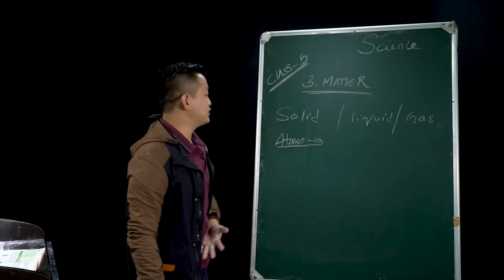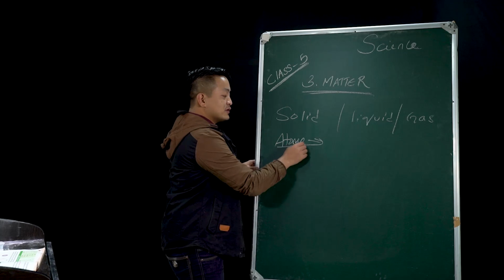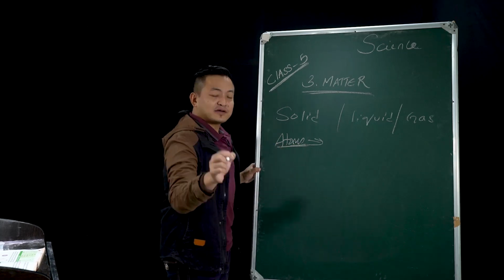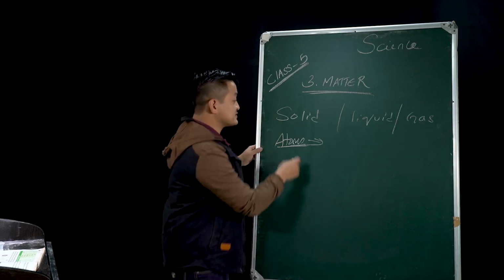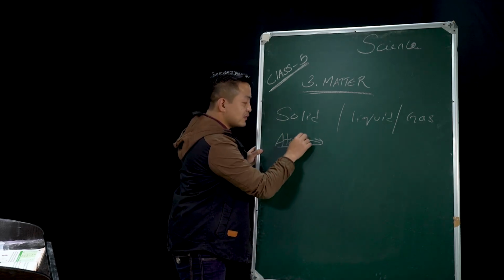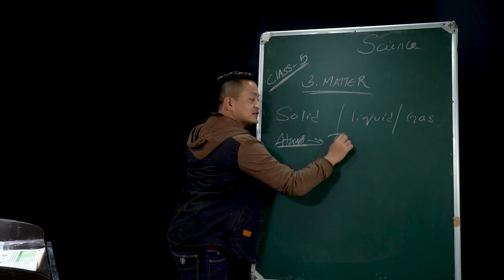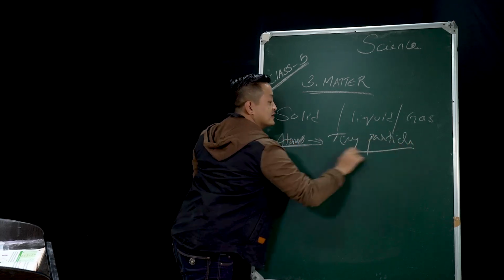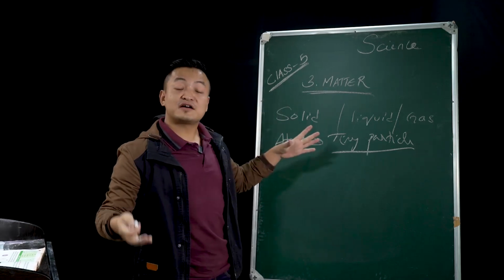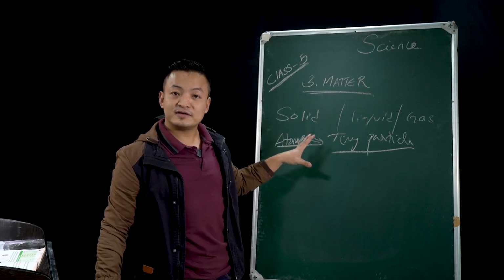Clear? So these atoms are tiny particles, so that means matter is made up of these atoms, right?